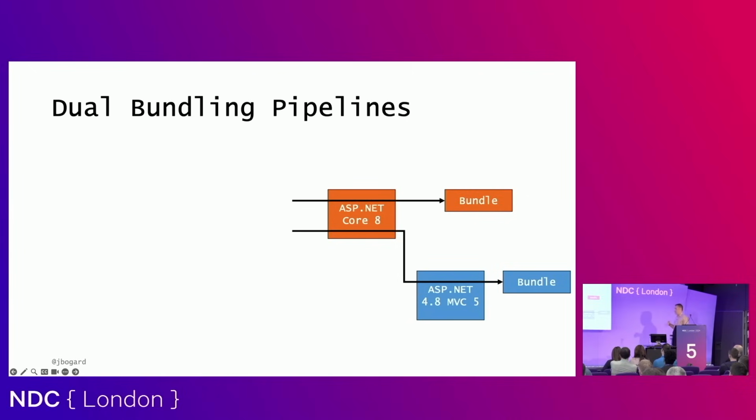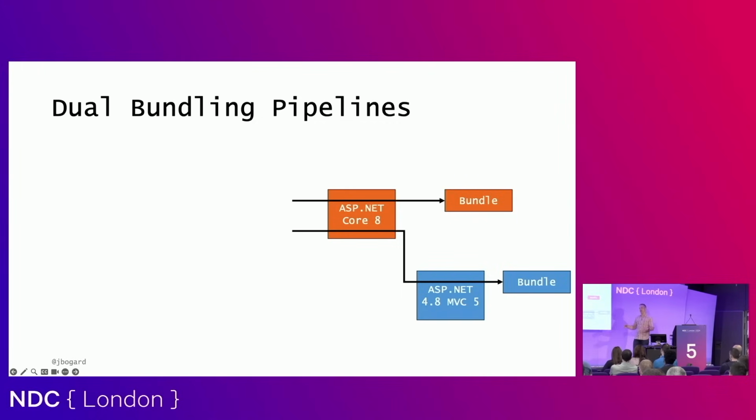And so we wanted to make sure that if a request is served by ASP.NET Core 8, it gets the ASP.NET Core 8 bundling and minification, and if it's an MVC5 application, then it needs to use the MVC5 bundle. Technically, we could have made all of the requests for the bundles stay over here, but we also knew we were going to have to migrate these assets at some point, and we wanted to avoid, again, any kind of big bang in the project.